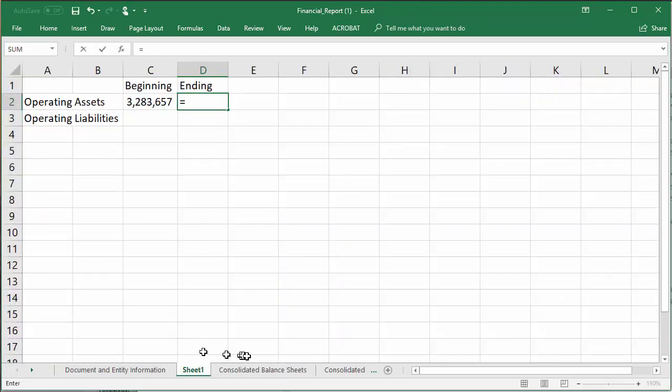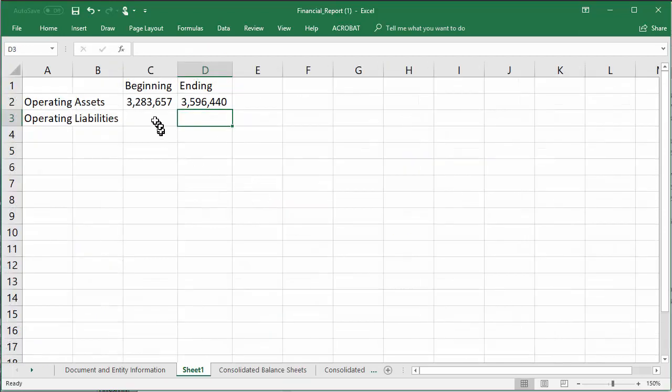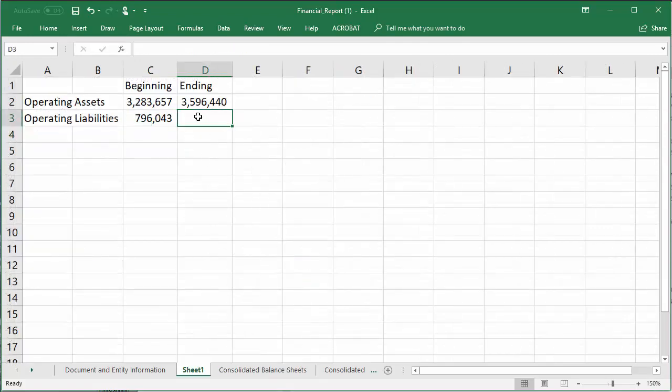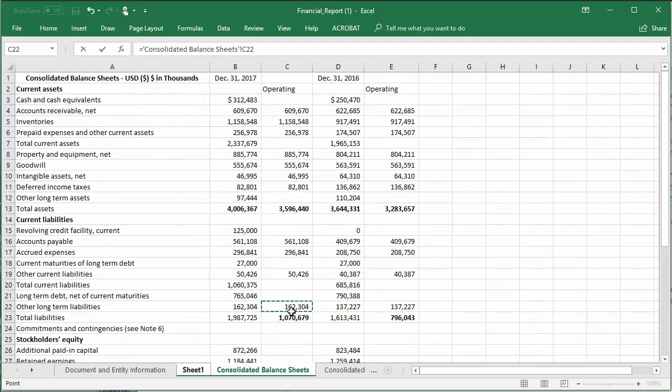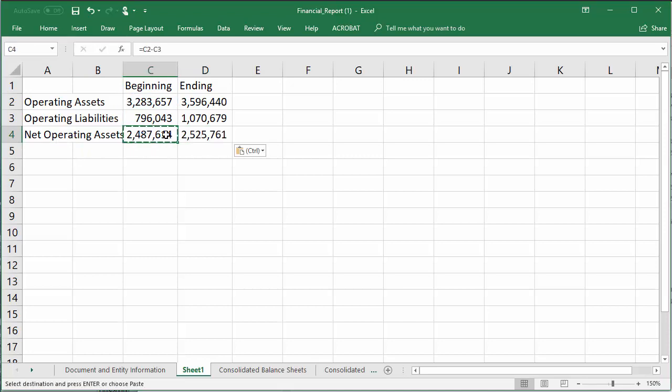My ending operating assets are 3596. My beginning operating liabilities are 796,043, and my ending operating liabilities are 1070. Net operating assets would be assets minus liabilities, or 2487 and 2525.